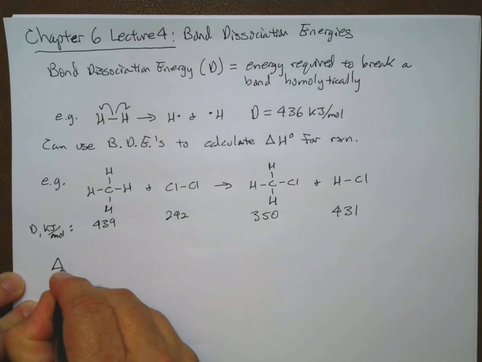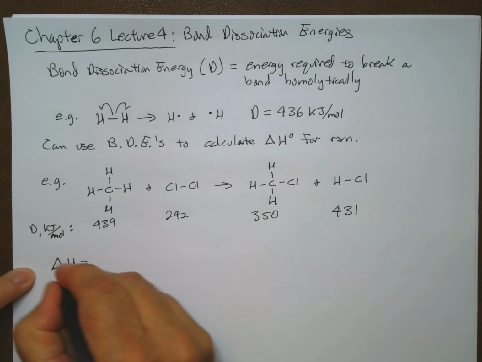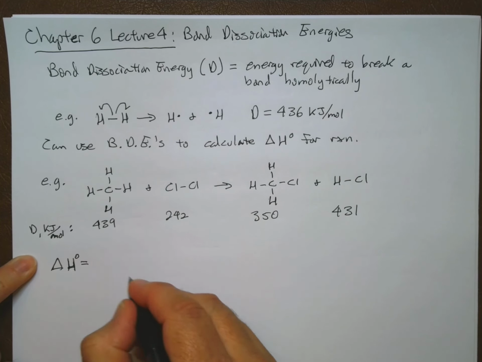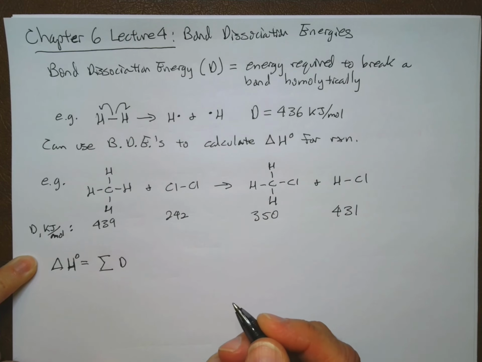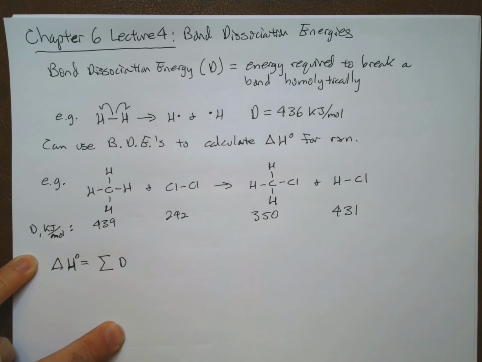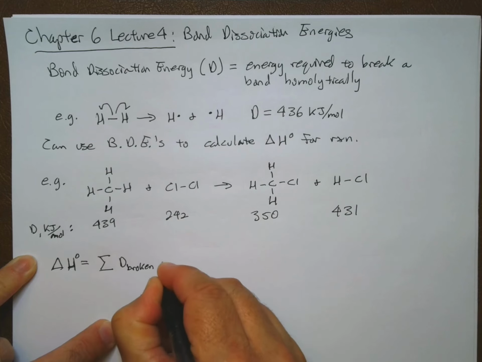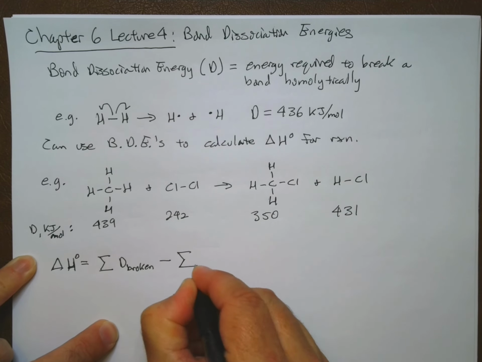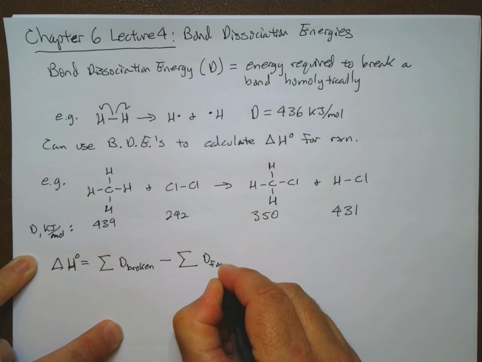So our overall delta H naught is going to equal the sum of the bond energies for the bonds broken minus the sum of the bond energies for the bonds formed.